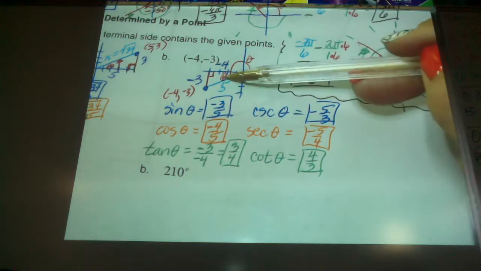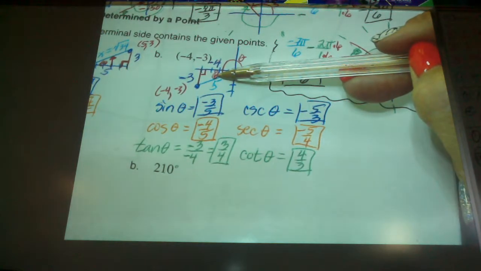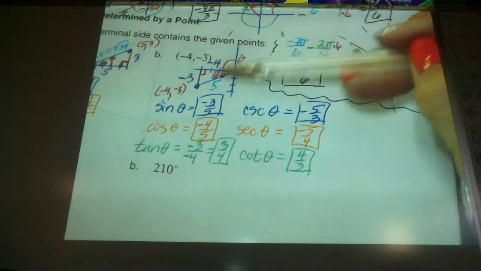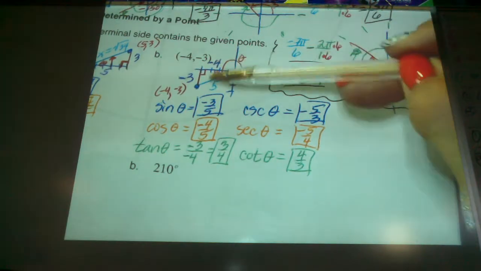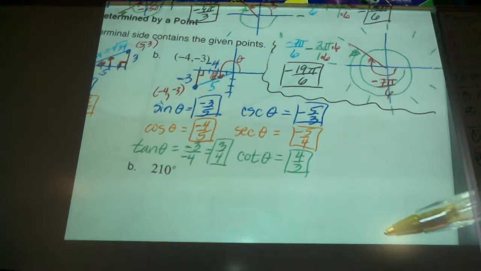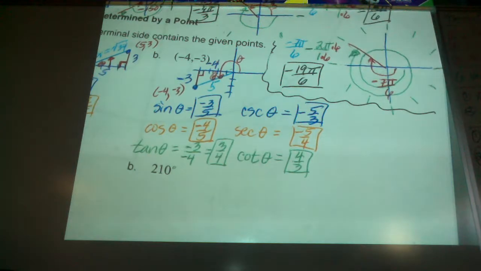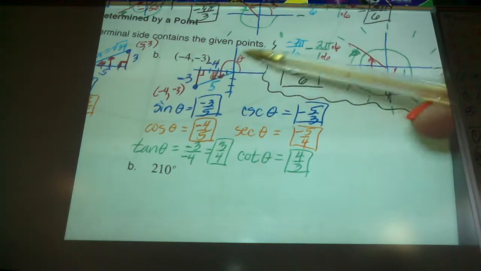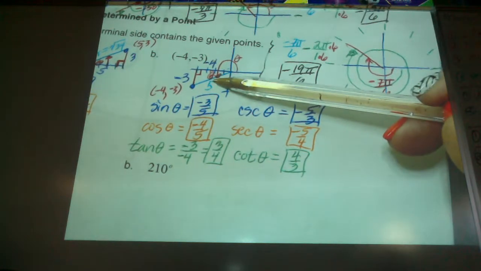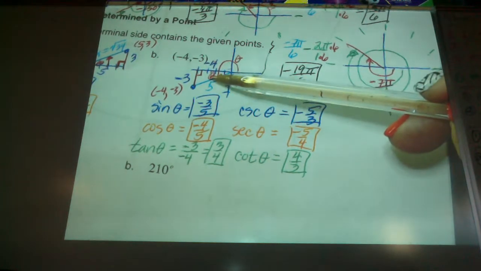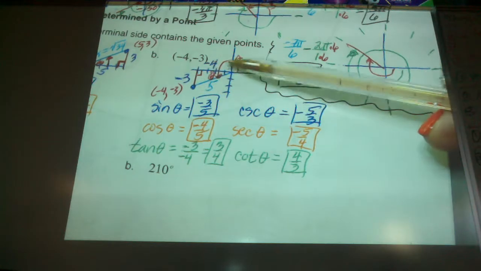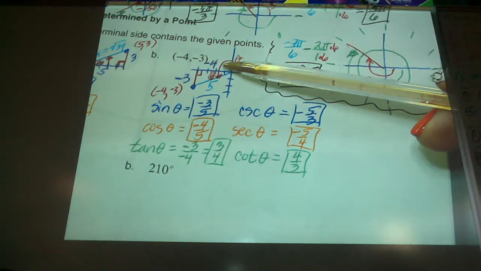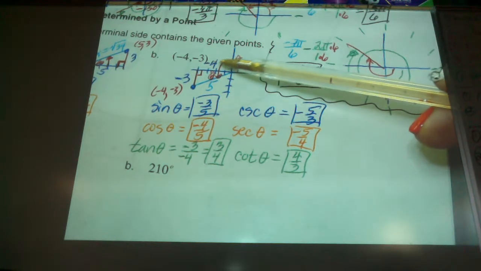So the reference angle is the one inside the triangle, and that's different than the actual theta itself. The reference angle here, which you could call some other Greek letter if you want, and these both have the same terminating side. All angles that have the same terminating side, no matter what the degree measure is, will all have the same sine, cosine, and tangent.